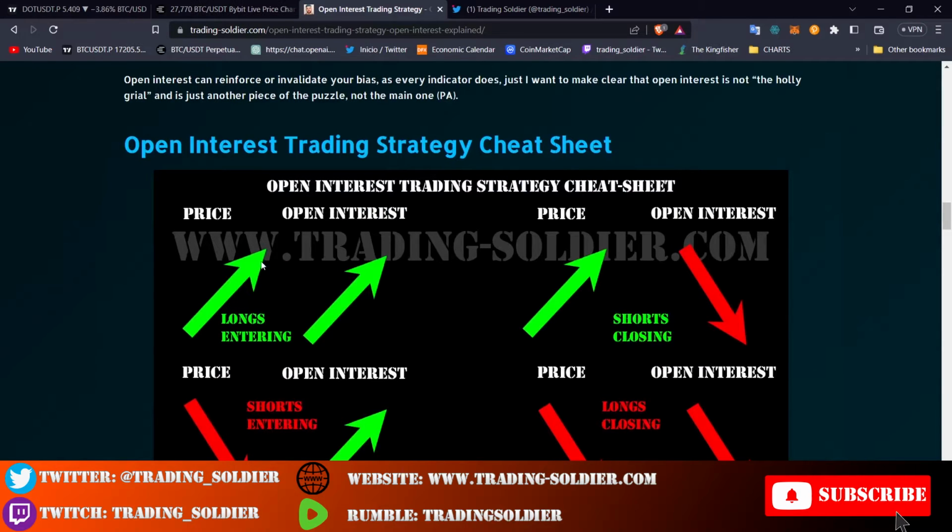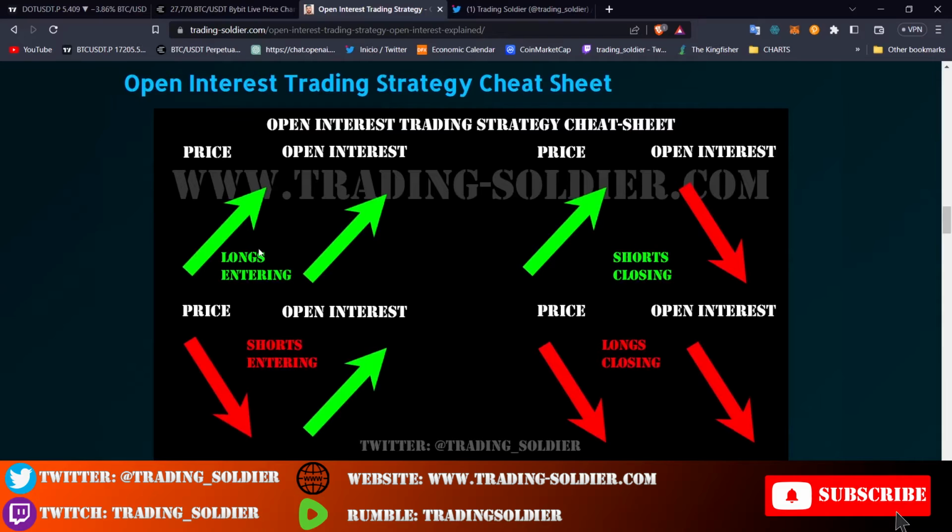As you can see here, it's very simple to interpret this data. If price is up and open interest is up, it means that longs are entering the market, so we can consider this a healthy uptrend. We have four cases, as you see. The other case is when price is up but open interest is going down, which means shorts are closing positions.